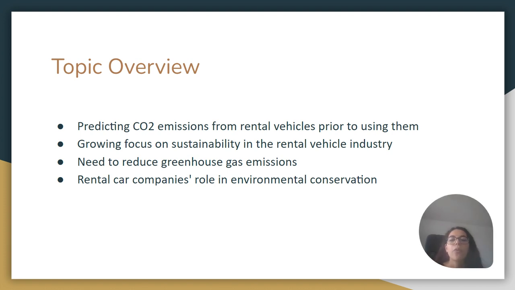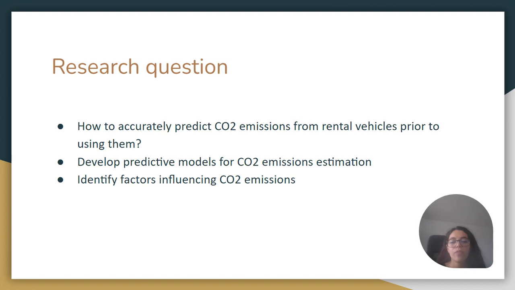Why is this important? Because of the growing focus on sustainability in the rental vehicle industry. Every car rental company needs to report its CO2 emissions and reduce it. While working on this project, many research questions were raised.